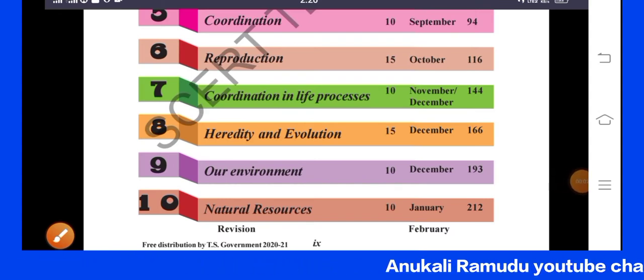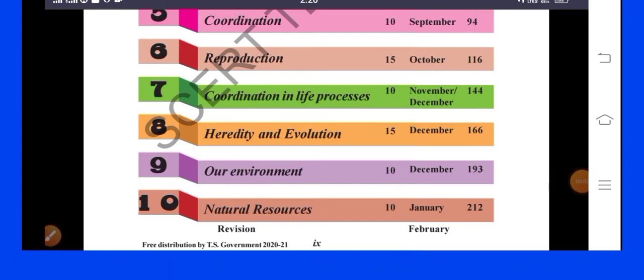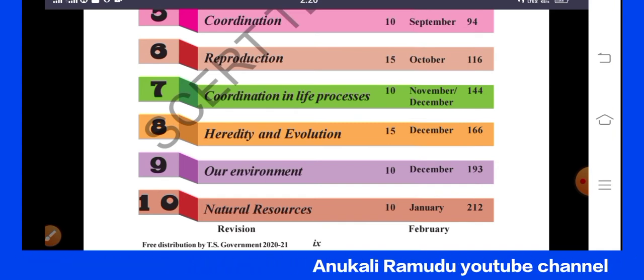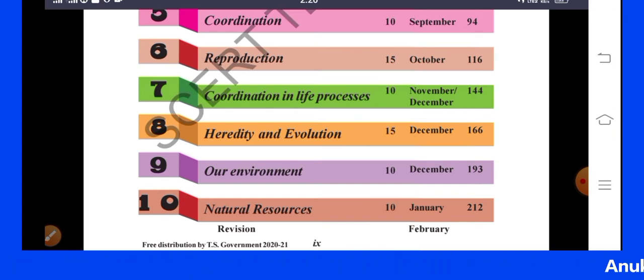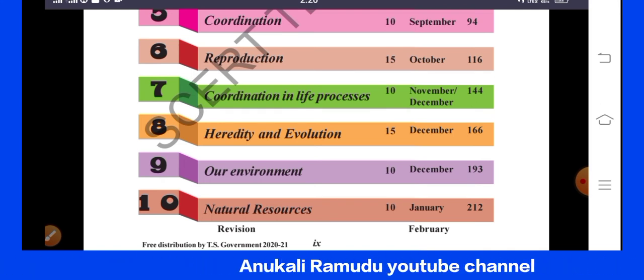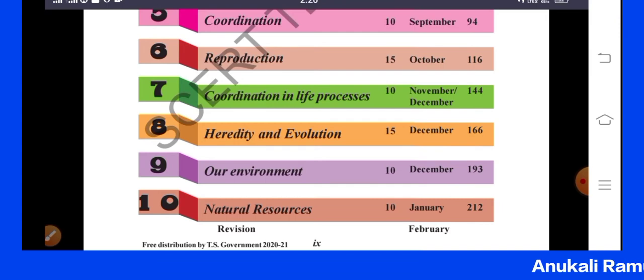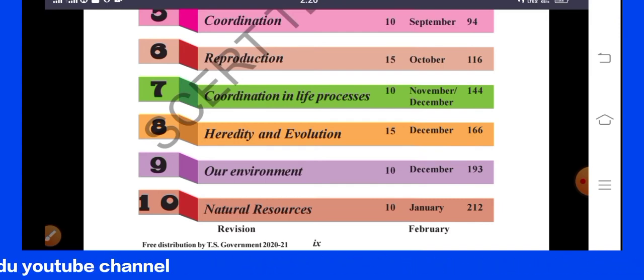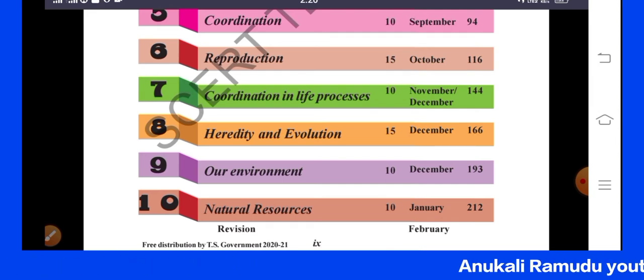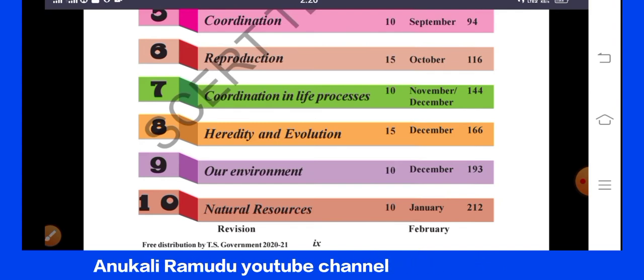So reproduction means the ability of an organism to give rise to a new generation of individuals. Reproduction plays a major role in the continuity of living things in this universe.